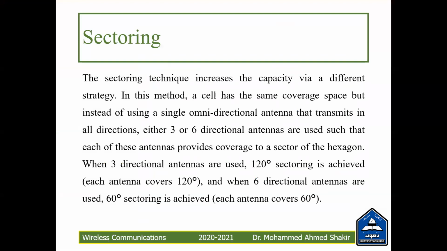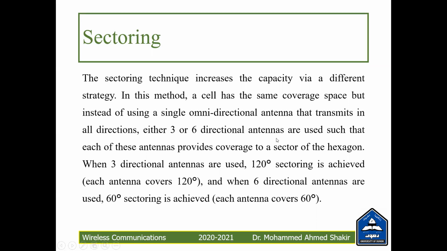This technique increases the capacity via a different strategy. In this method, a cell has the same coverage space, but instead of using a single omnidirectional antenna, we replace the omnidirectional antenna by directed antennas.